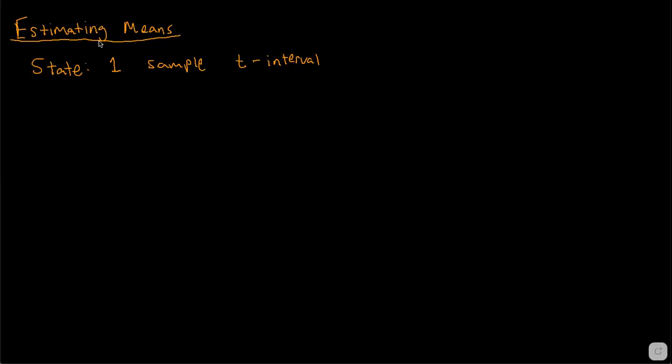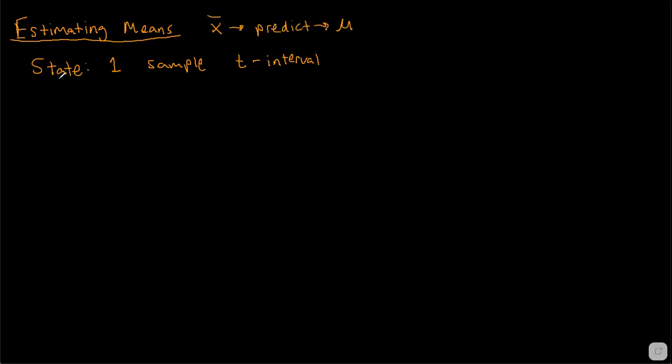And I'll just go through the four-step process and all the key things that we need to know to actually make these confidence intervals. Again, estimating means, we're just going to use X bar to predict or provide a plausible range of values. We're using X bar to predict mu.